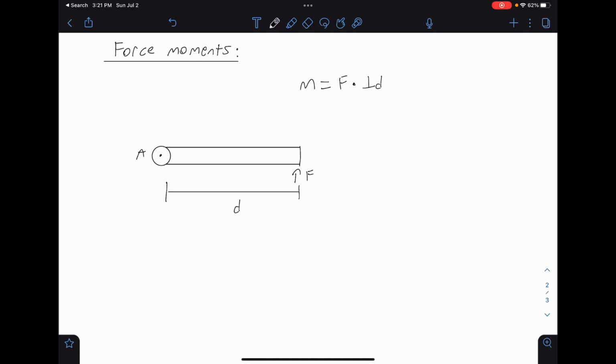Now, why is that important? Why is the perpendicular distance important? Well, let's do some test runs on how we can open this door. Where is the easiest place to open the door? Where do I have to push to apply the least amount of force to open this door?